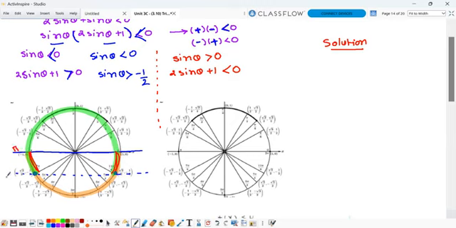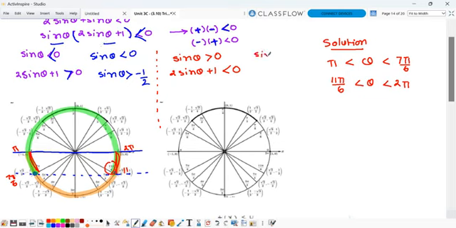Solution is pi to 7 pi over 6. So pi less than theta less than 7 pi over 6. Second is, here is 11 pi over 6, right? And 2 pi, you can go to 0. So 11 pi over 6 and 2 pi.